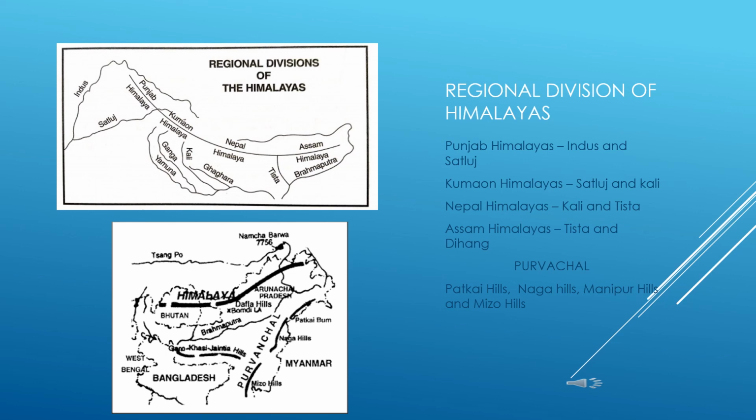It is covered with dense forest, and they mostly run as parallel ranges and valleys. The Purvanchal comprises the Patkai Hill, the Naga Hill, Manipuri Hill, and the Mizo Hill.